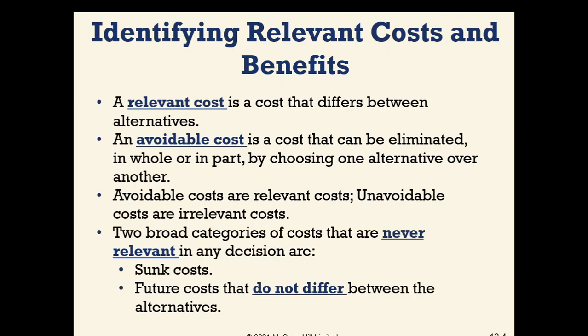Any costs that are unavoidable are irrelevant. There are two broad categories of costs that are never relevant in any decision, and those are sunk costs, as well as future costs that do not differ between alternatives. So the real focus of this is, can we reduce costs or increase revenues by choosing between two different alternatives?